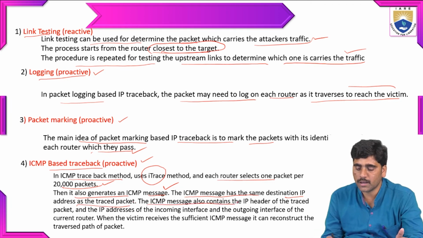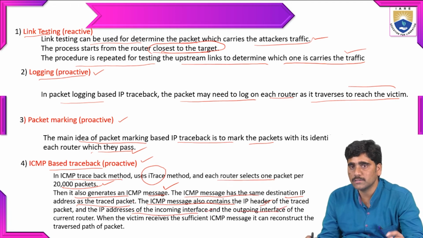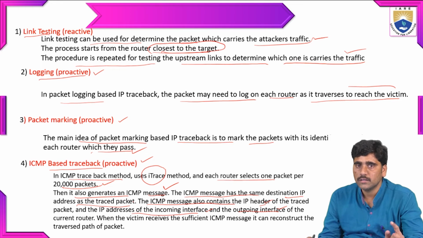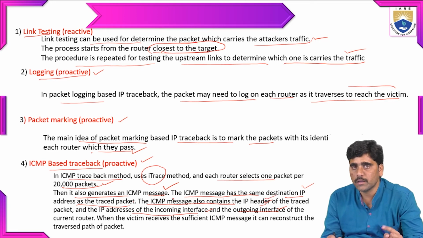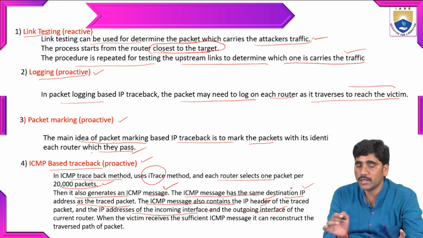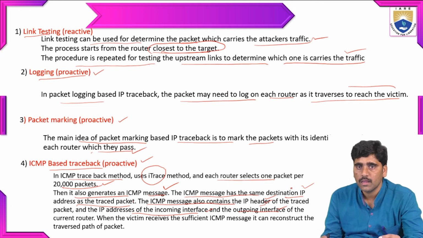The ICMP message also contains the IP header of the traced packet and the IP address of the incoming interface and the outgoing interface. So each message contains the IP address of the traced packet, the IP header of the traced packet, and also the IP address of the incoming interface or outgoing interface of the current router.